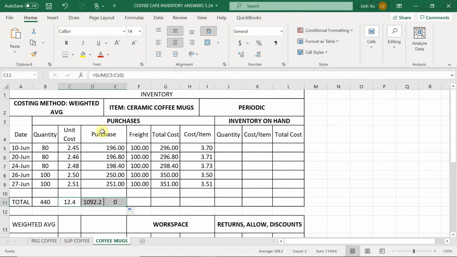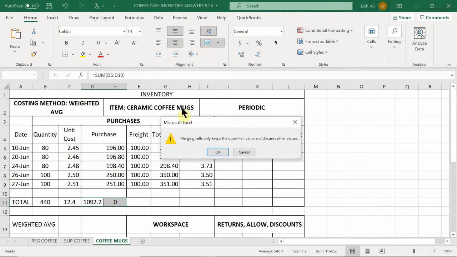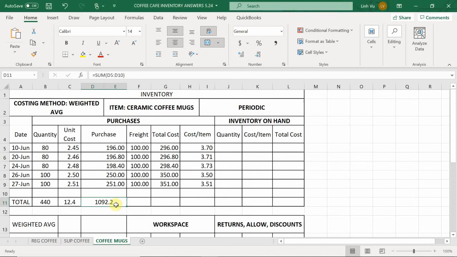Good. Okay. What was my total freight? 500. Okay.